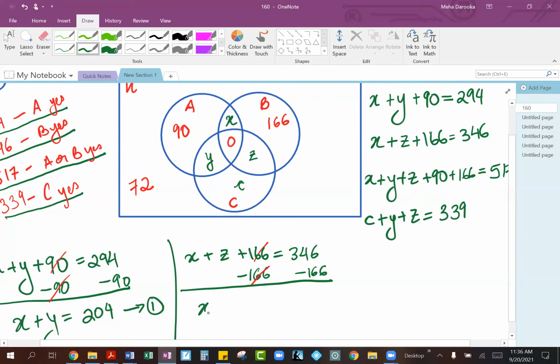And we are left with X plus Z equals, what will this be? So 346 minus 166 will end up giving us, what's that? 180. And we'll go ahead and call this equation 2.